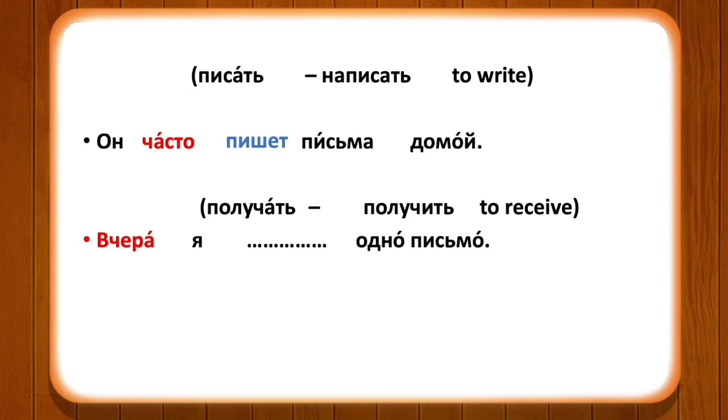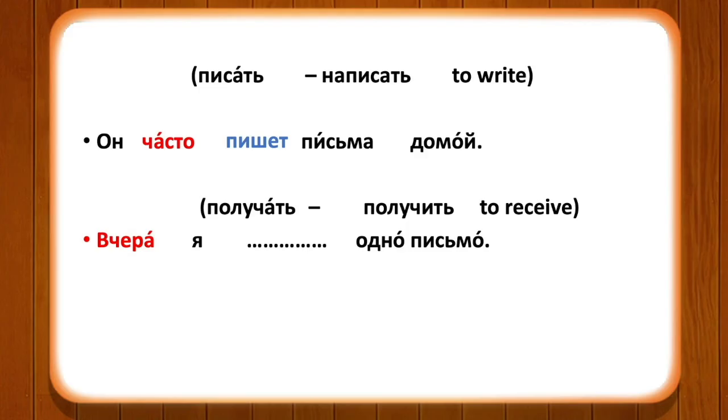In the next sentence, you have to use the verb получать, получить. Получать, получить means to receive, to get. Получать is the imperfective verb and получить is the verb of the perfective aspect.